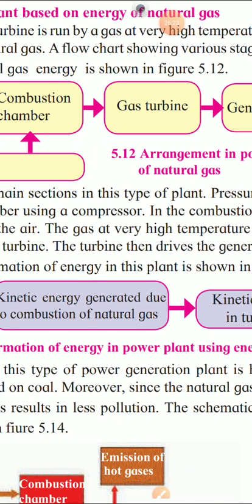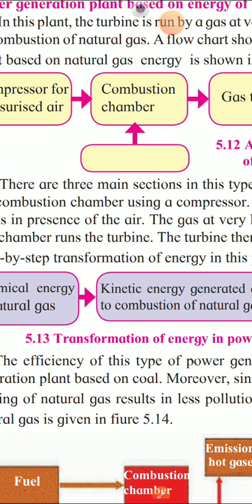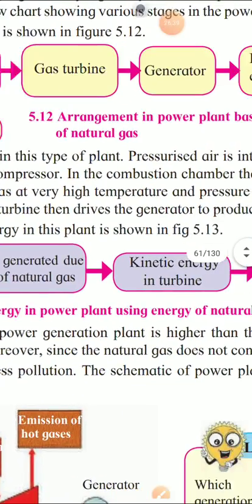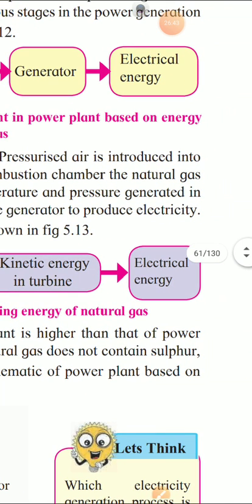The chemical energy which is present in the natural gas further creates the kinetic energy, generated due to the combustion of the natural gas. Further, this kinetic energy moves the turbine and ultimately the electrical energy is formed.